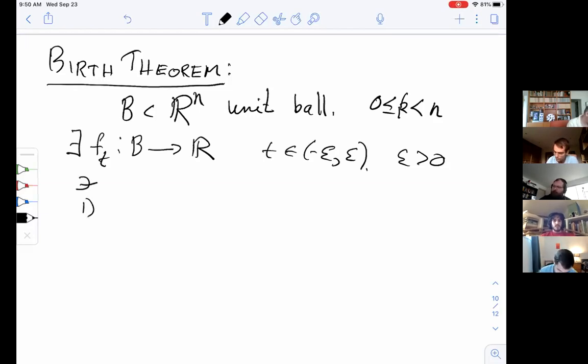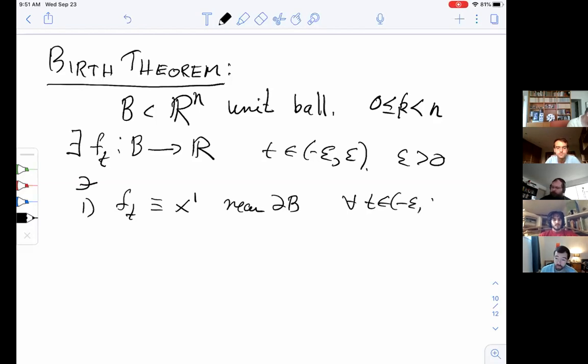First of all, f_t is equal to x1, the first coordinate, near the boundary of the ball, in a uniform neighborhood independent of t around the boundary of the ball, for all t in minus epsilon to epsilon. So whatever these functions are, they're the standard first coordinate function near the boundary of the ball.